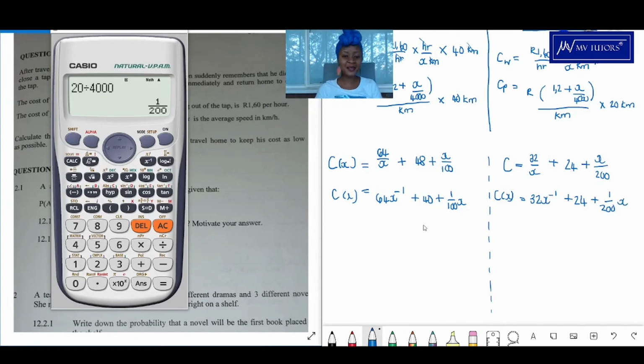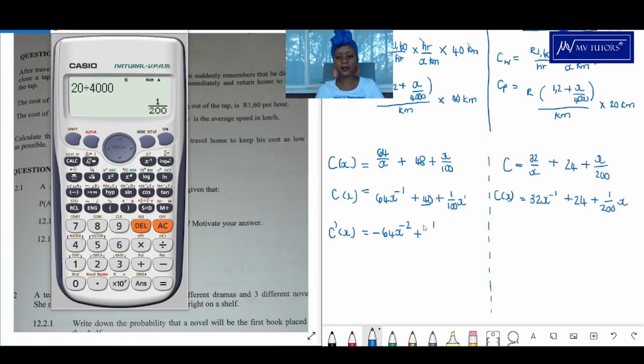Okay, so now we're going to have to differentiate, and then make it equal to 0 because we want the minimum. So when I differentiate, I'm going to have to bring the negative 1 to this side and subtract 1. Constants fall out, so that's going to be plus 0. And here I have a 1 here.